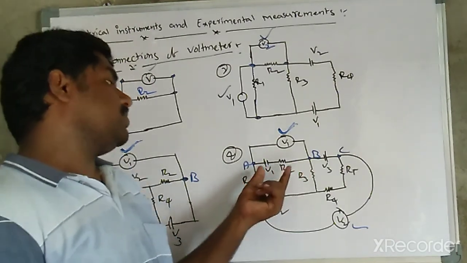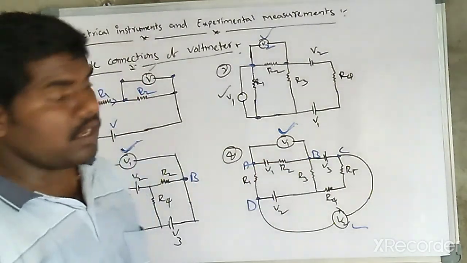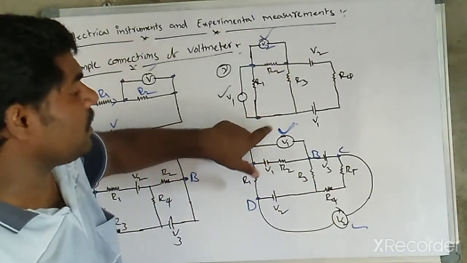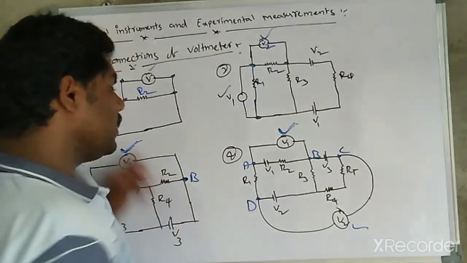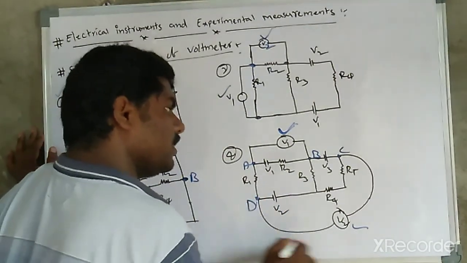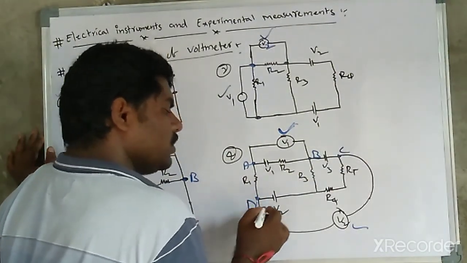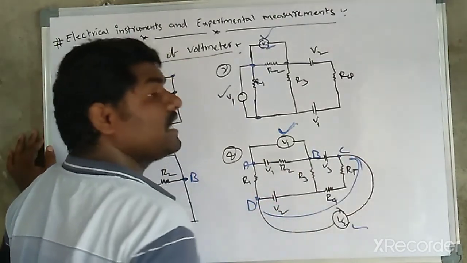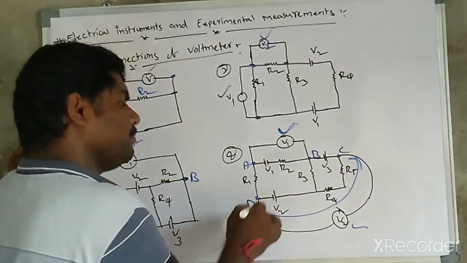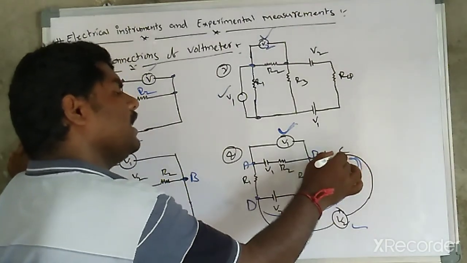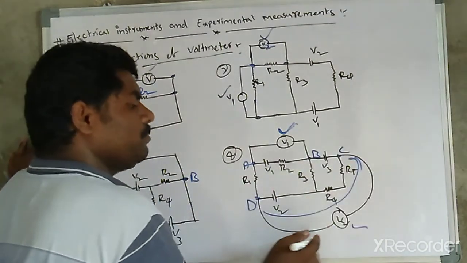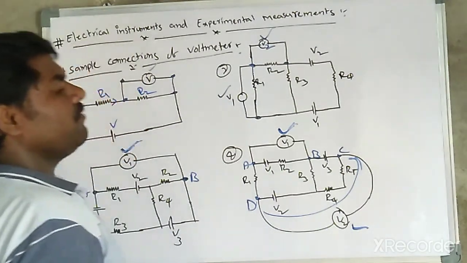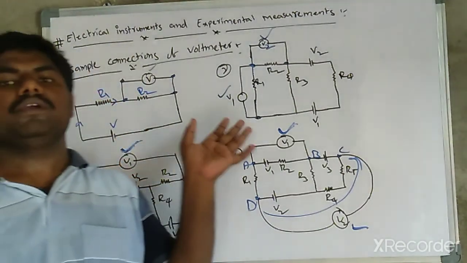That value should be equal to the first voltmeter reading. For the second one, from D to C, you may apply the KCL or KVL rule and find the potential across D and C. That value should be equal to the second voltmeter reading. So whenever they ask this type of question, you may use it like this.